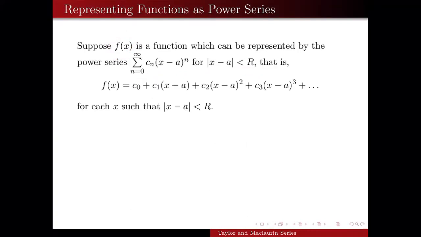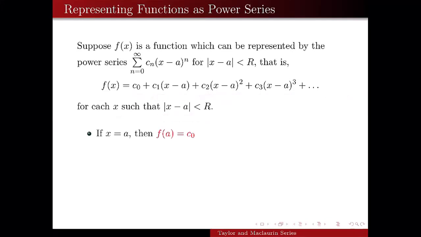So if we expand f of x, we will have f of x equals c sub 0 plus c1 (x minus a) plus c2 (x minus a) squared plus c3 (x minus a) cubed plus etc., for each x satisfying this interval. Okay?